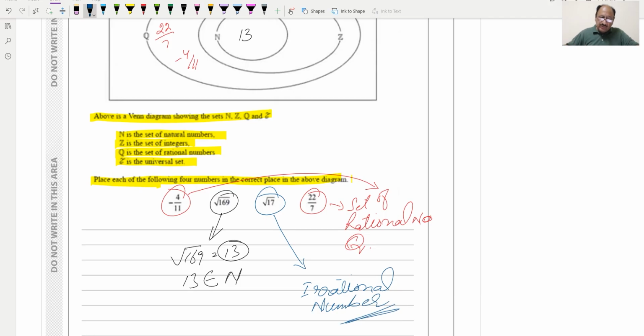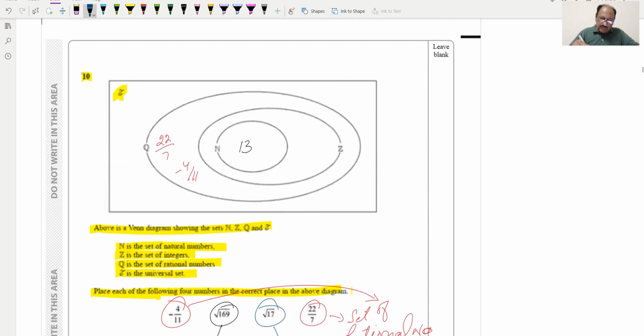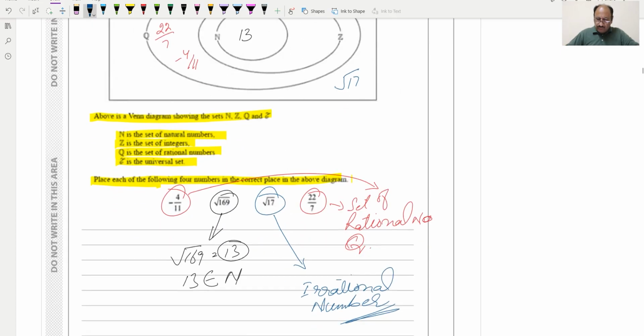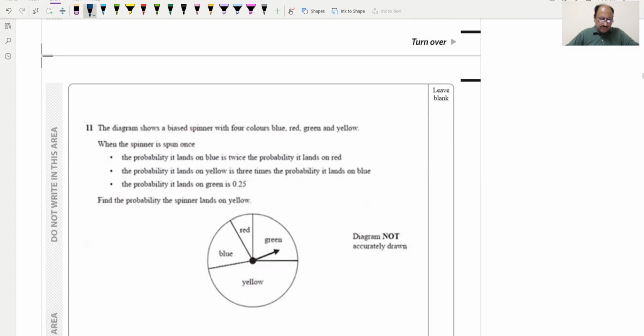So this is an irrational number which cannot be written in fraction form. Because for irrational numbers they have not provided any shape, we will write root 17 outside. Okay, this is done, and this was a 3-mark question.